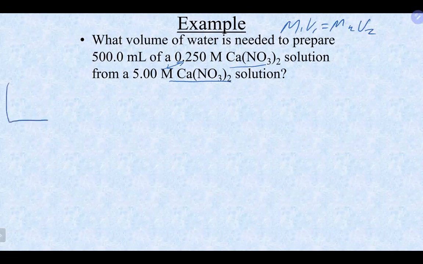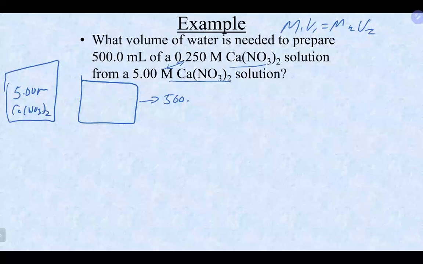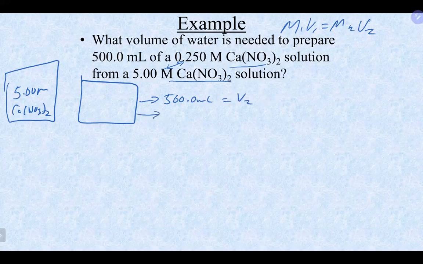Once again, in this case, we basically have a bottle sitting there that is 5 molar of calcium nitrate. And we want to make a new container there that has 500 milliliters total volume. We'll call that V2. And we will have a new concentration of 0.25 molar, which would be M2.